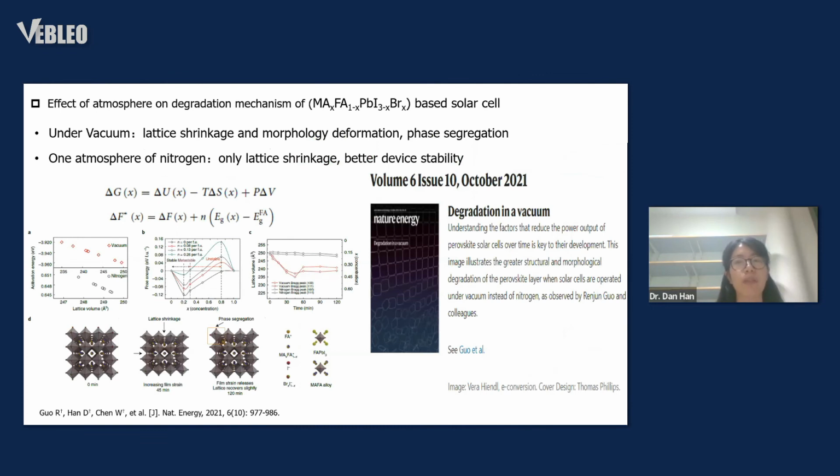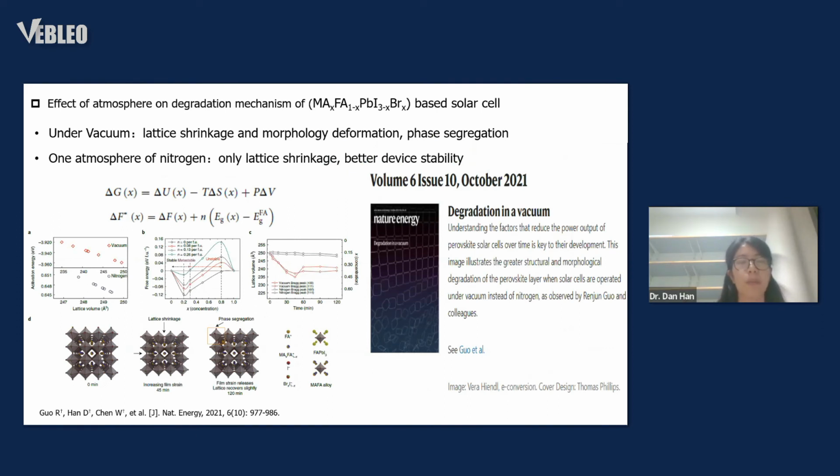Previous work focused on overcoming the toxicity of lead. Here, in this work, we want to stress the instabilities of lead-based perovskites. We investigated the effect of atmospheres on the degradation mechanism of representative hybrid lead-based solar cells.